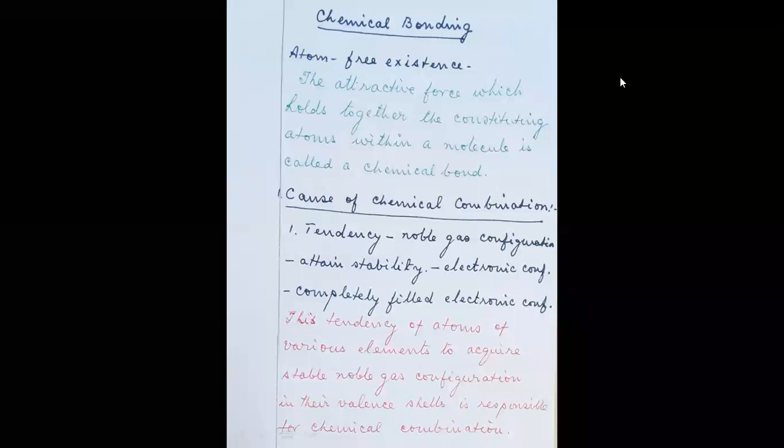What is making the two atoms combine and exist in the form of a molecule? It is a wonderful question with a beautiful answer. What tendency is making the atoms combine to exist in the form of molecules in nature?